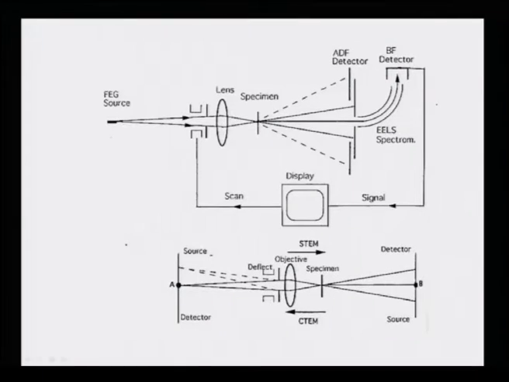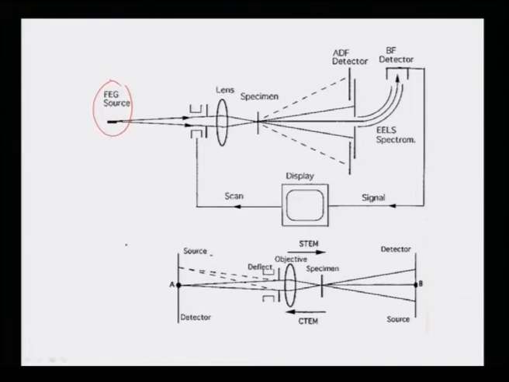So, in scanning transmission electron microscopy, what we basically do is like this. We have a FEG source, which has a very high brightness and a very small energy spread.